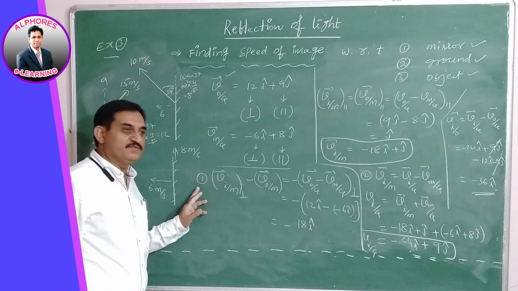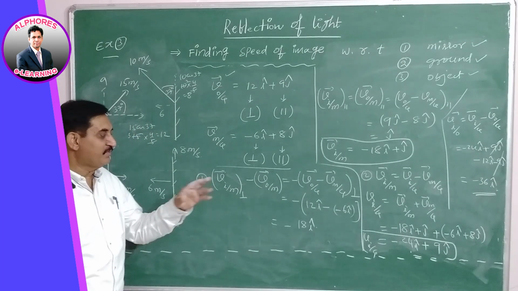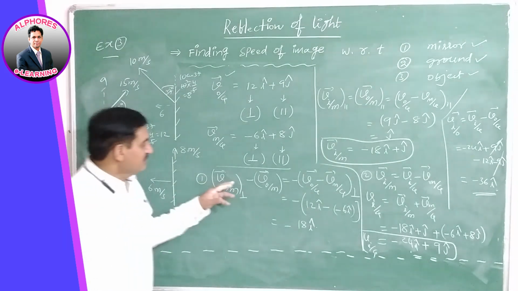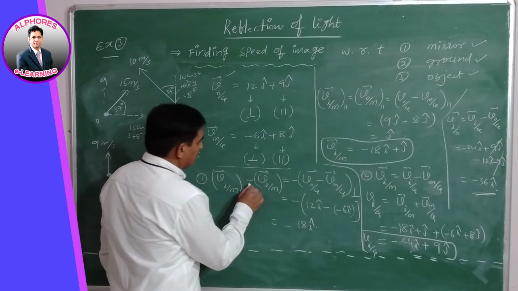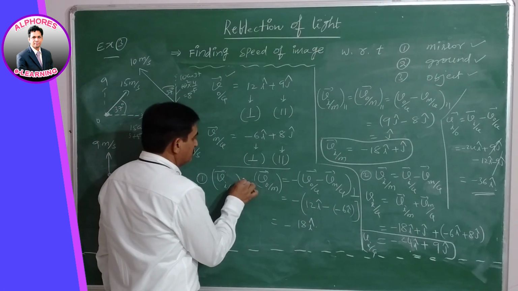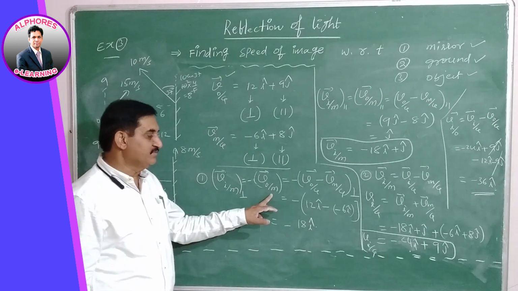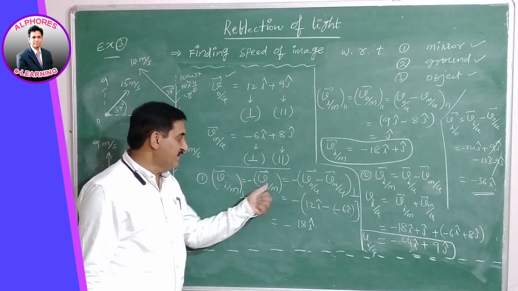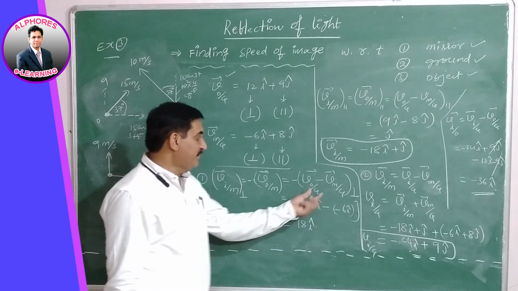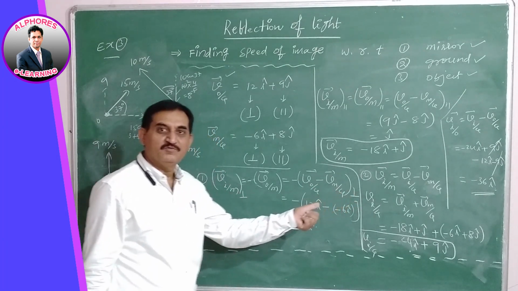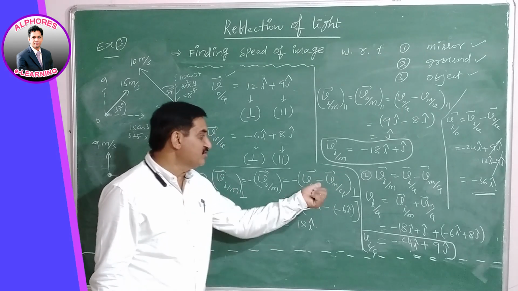Now question number 1: speed of image with respect to mirror in the direction perpendicular to the plane of the mirror. That equals minus the speed of the object with respect to the mirror. This equals the relative velocity, object with ground minus mirror with ground. Keep in mind the perpendicular components while substituting the respective speeds.